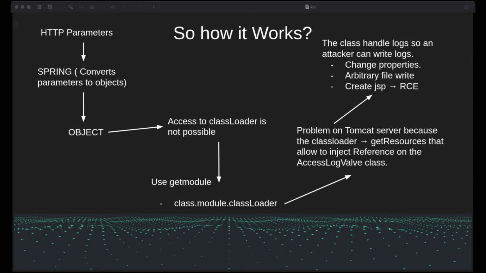We submit a POST request to reconfigure, so we can override, for example, the Tomcat output of the logs into some arbitrary JSP file. There we can trigger and write this log. Instead of producing a log, we can create a JSP file with some malicious code. Executing the JSP file via HTTP, in this case, we can have RCE.